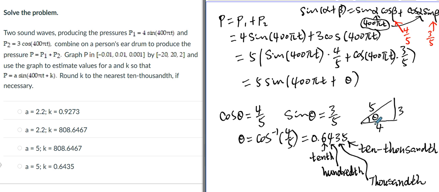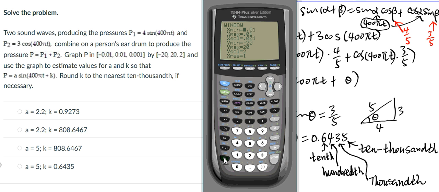We do not know how much theta is, but we know that cosine theta is 4 over 5, so cosine inverse of 4 over 5 will be theta. That's 0.6435. Here is our calculator.